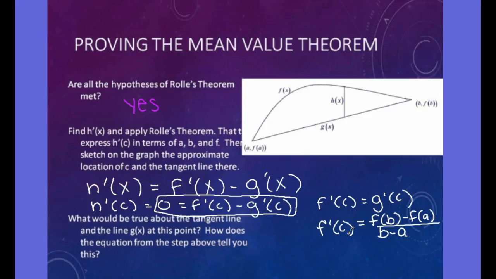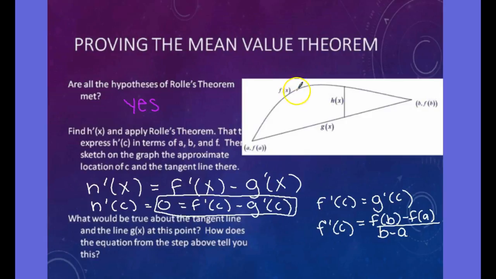So it does say to sketch on the graph the approximate location of c and the tangent line there. So where would c kind of be in terms of this graph? Remember, we want this f function to have the same slope as the g function.